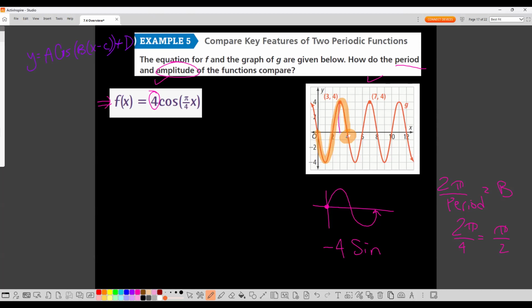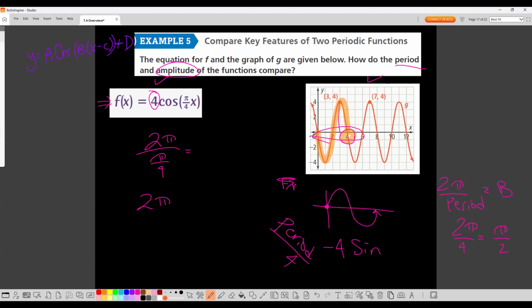And so when you look at that, it asks how do the amplitudes, the period. So this period was 4, and then over here, 2 pi divided by the pi over 4, the frequency on this one. So 2 pi. Over here, we know that the period for this graph, that's what they asked us to compare, was 4.